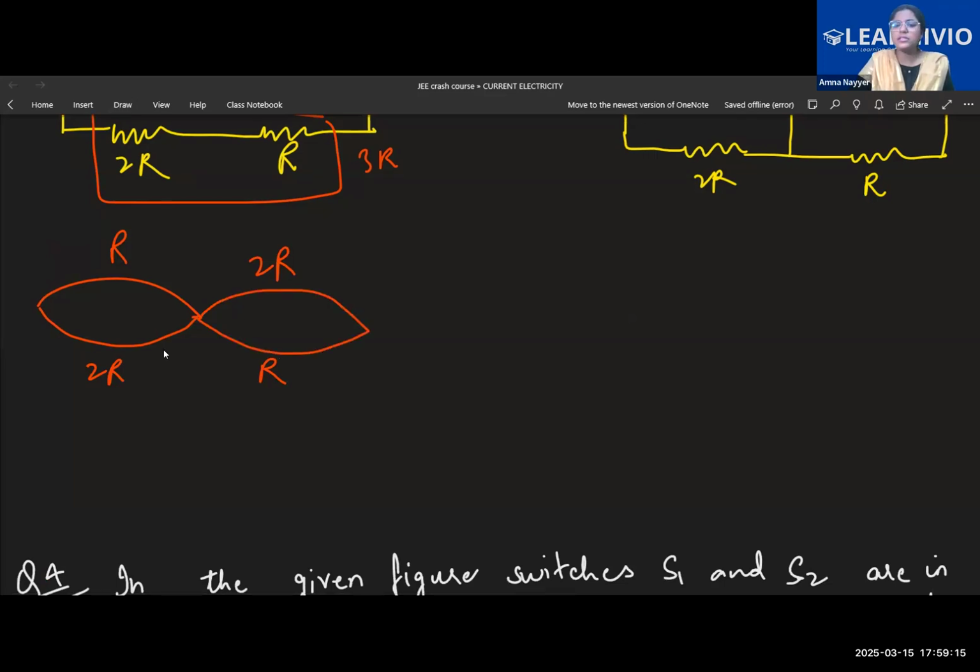Now this is easier to solve. R and 2R in parallel will make 2R by 3, right? These two will make 2R by 3. 2R by 3 and 2R by 3 are connected in series. You can simply double it because you are adding. So R equivalent will be 4R by 3. Like this, you have to perform the calculation quickly.